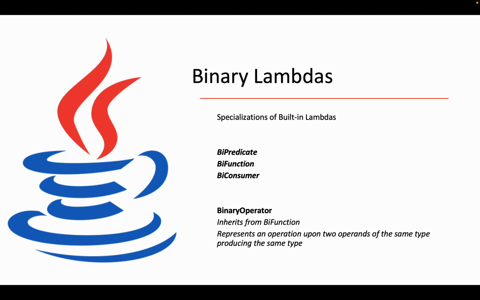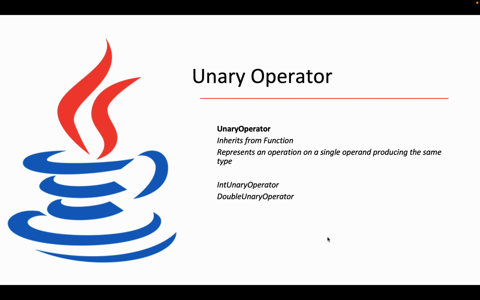So basically, you're talking of one thing where the input parameters and the return type are the same. Then you have a unary operator. Unary operator inherits from function, and it represents an operation on a single operand producing the same type. So the type and the return type is one thing.